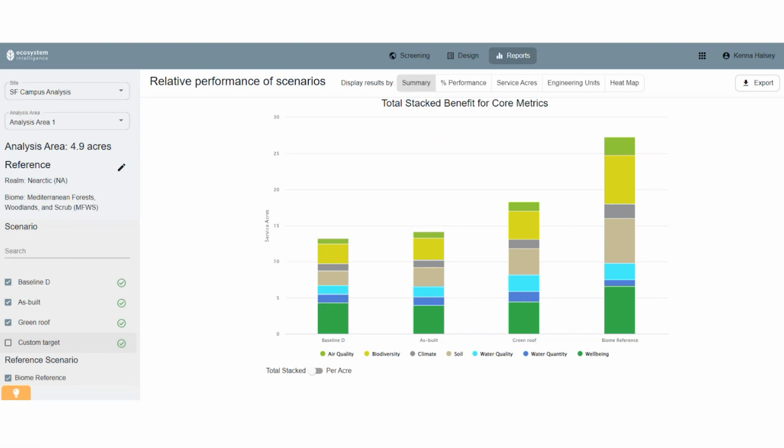What is more useful is for us to actually tell you that you are misaligned in this area or this area. So with these, the thing it tells you very quickly is the amount of benefit being produced is going down as you look at your baseline versus your as-built versus your design with additional interventions versus what nature would expect.